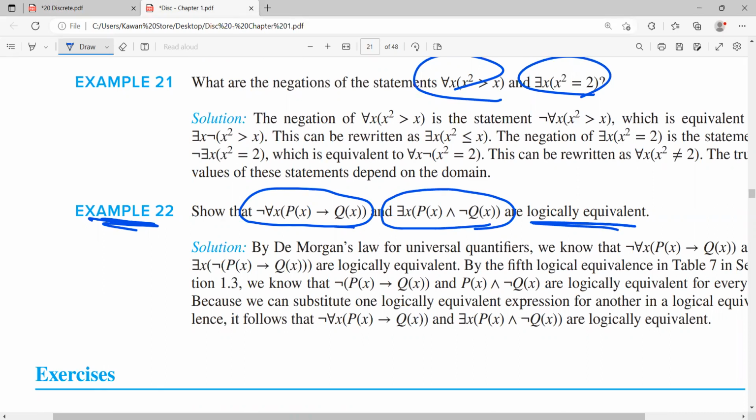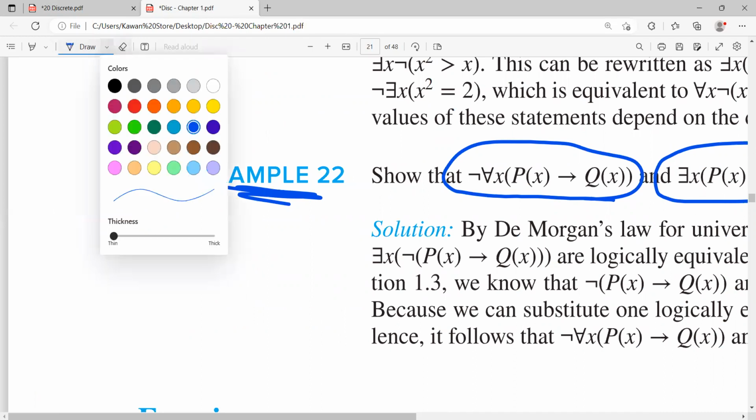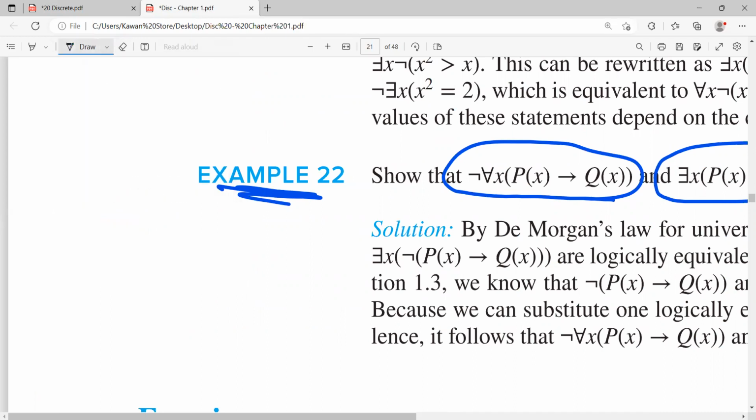Yalla. I'm going to do it right here. So I say negation of for all x, p then q. So how do we find the negation of that one?